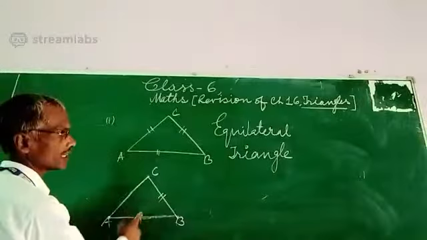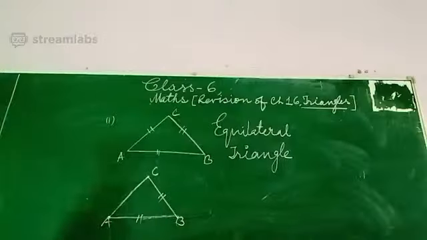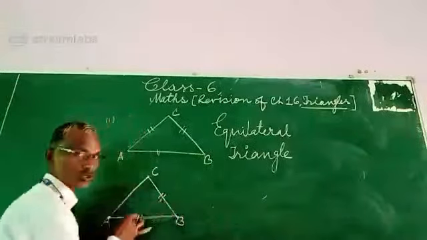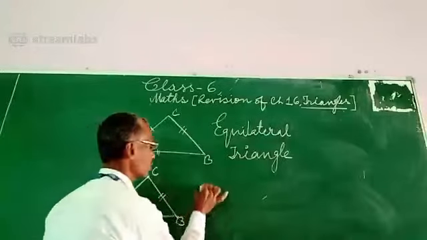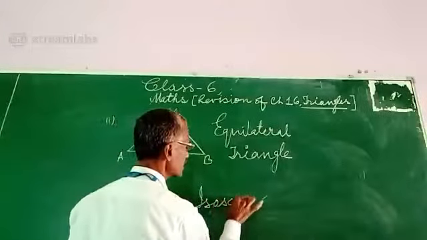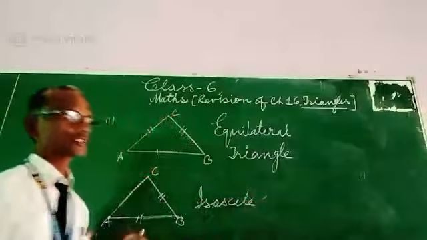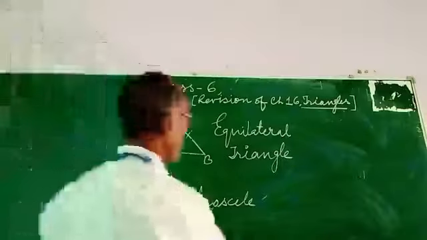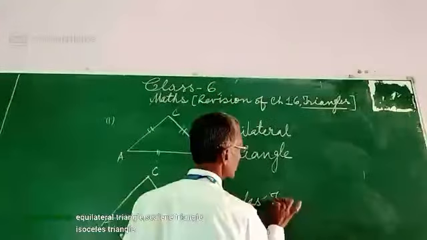Its two sides are equal. Then what will be the name of this triangle? Triangles having two sides equal are called isosceles triangles.